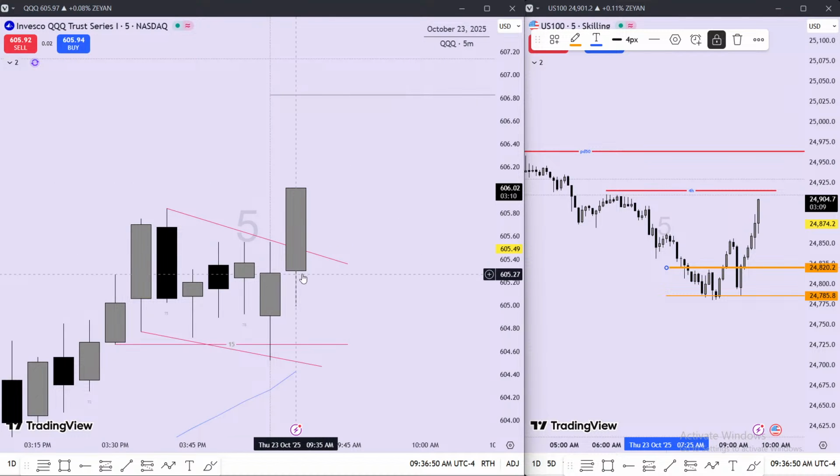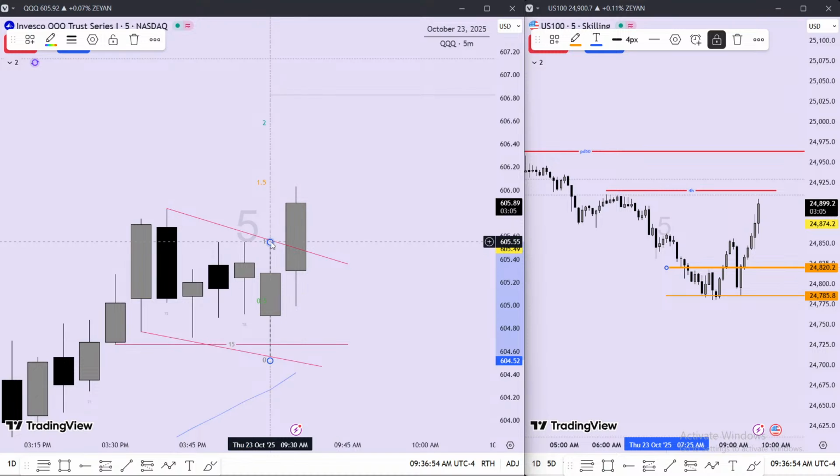Bulls who bought the close of this bar, or bought higher above this point, are expecting a single standard deviation range of 606.